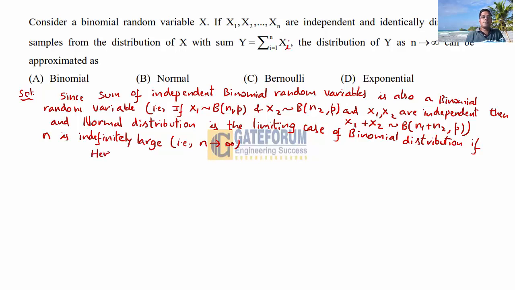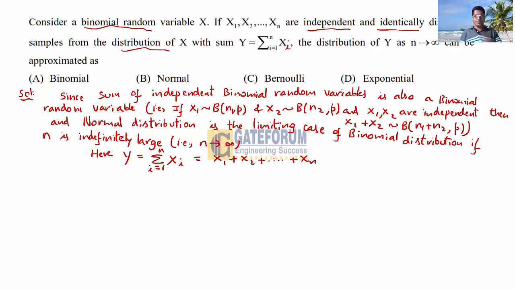Here Y = summation i = 1 to n of Xi, which is nothing but X1 plus X2 plus so on plus Xn. So X1, X2 are given as independent and identical samples from the distribution of X, that is binomial here. So Y is also a binomial distribution.